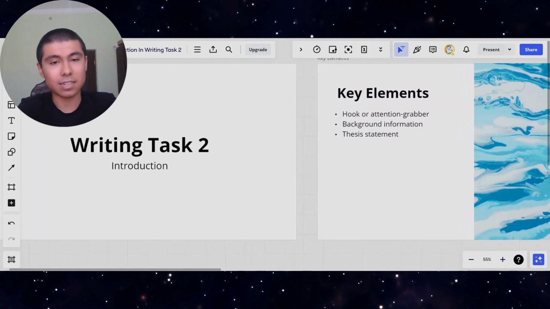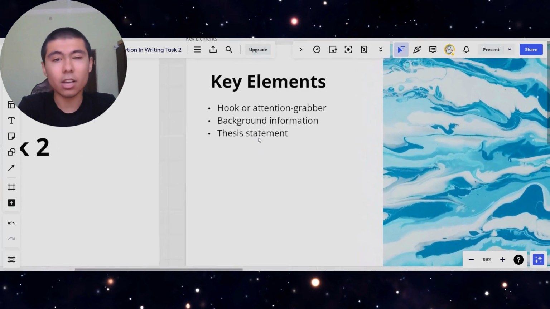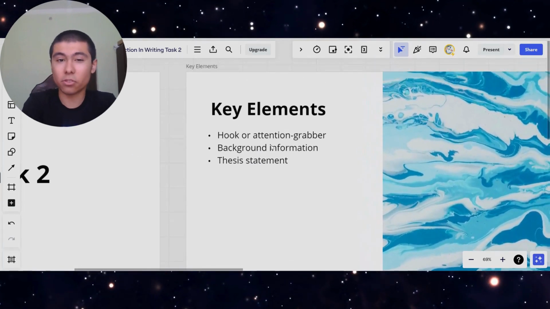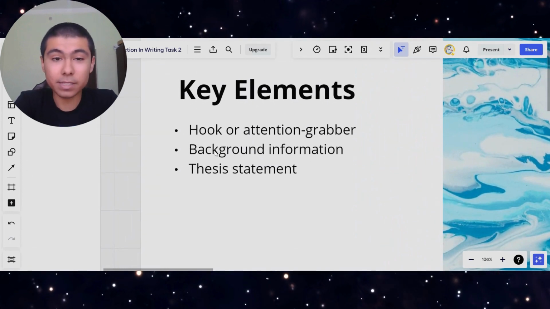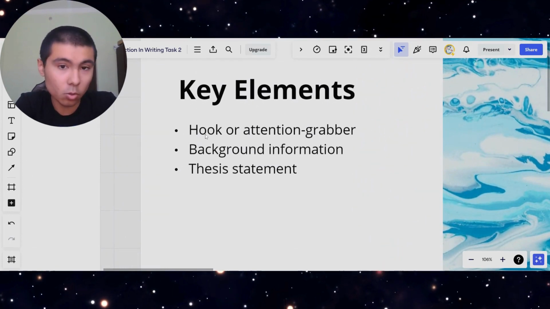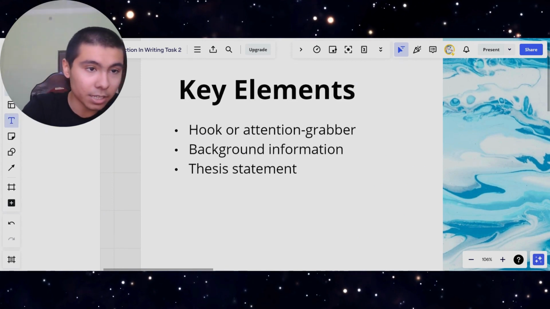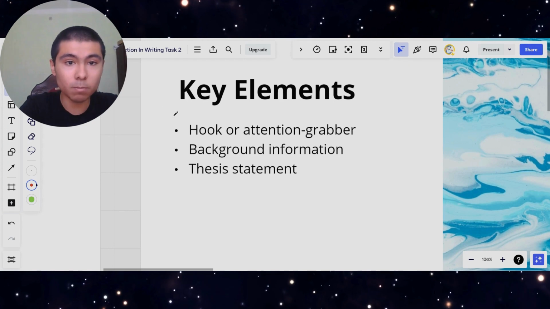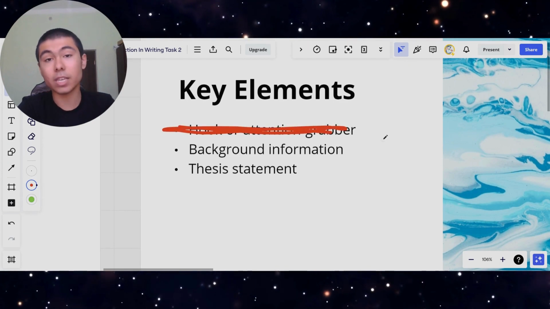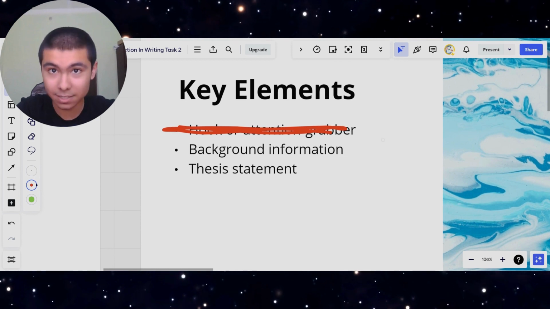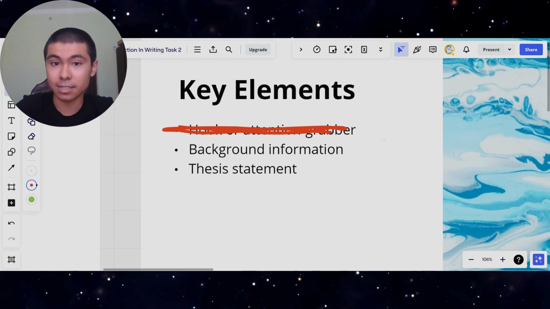In IELTS Writing Task 2, in the introduction, a lot of people say that you have three key elements. And many people say that the first one, the hook or attention grabber, is really important. But in my opinion, this is not important in IELTS Writing Task 2 because IELTS does not assess how well you grab the examiner's attention.